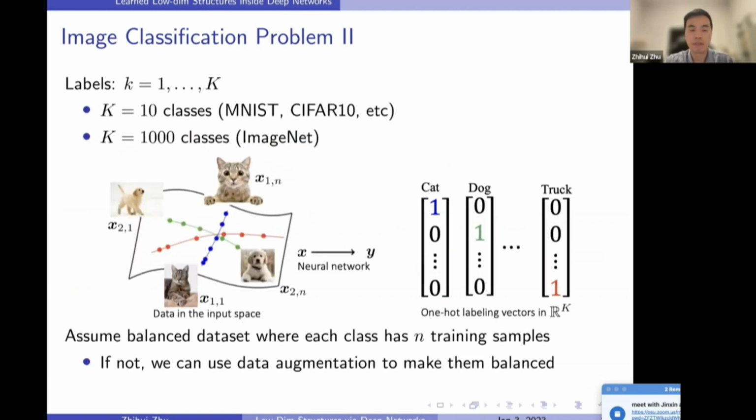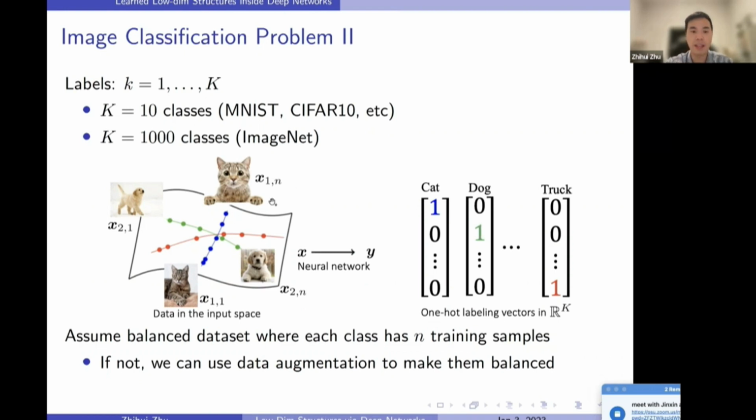So let's first give the terminology we will use during the lecture. We will use capital K to denote the number of classes. So capital K could equal 10 for MNIST. Capital K could equal 1,000 for ImageNet. For each class, we assume we have a bunch of training samples.